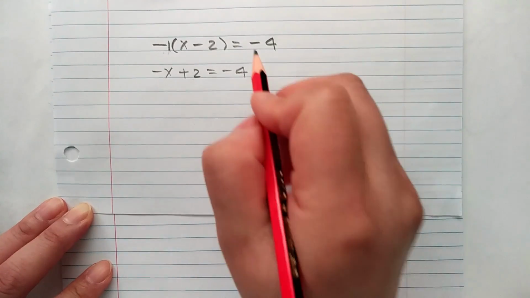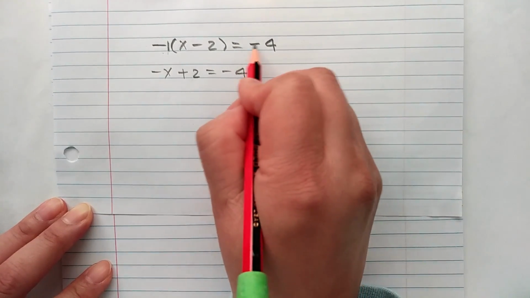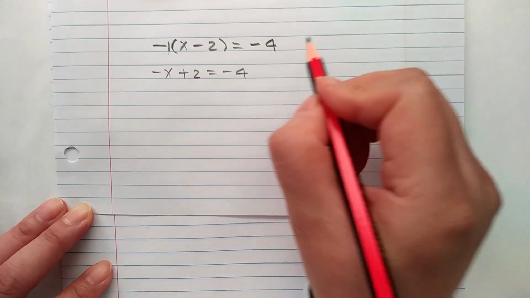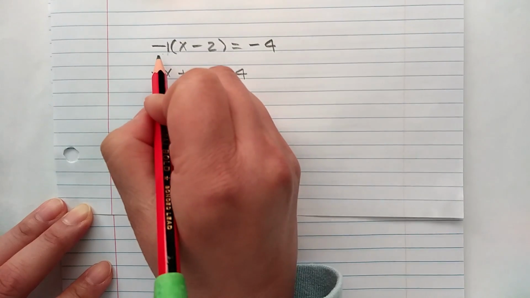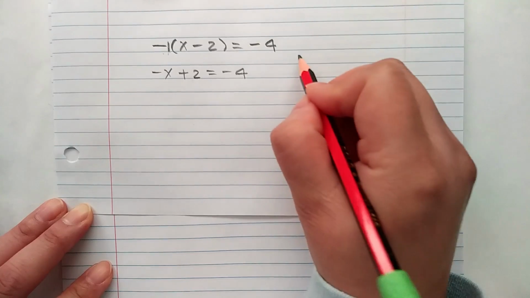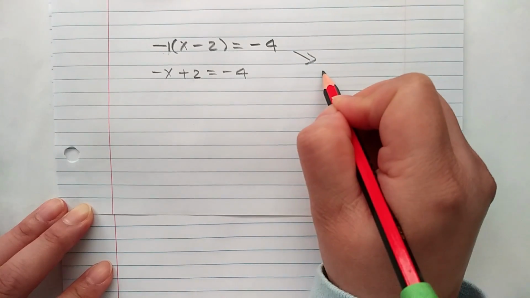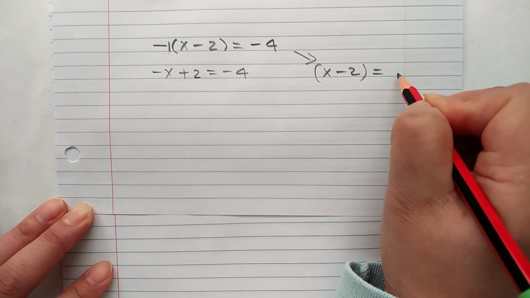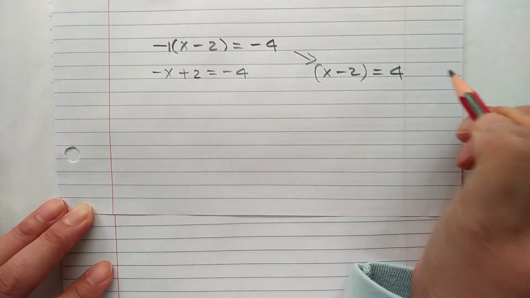Instead, I want to get rid of these negatives on both sides. So if I multiply by negative 1 both sides, it'll be x minus 2 is equal to 4.